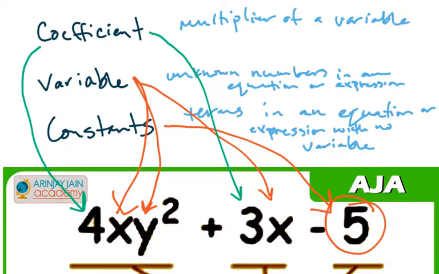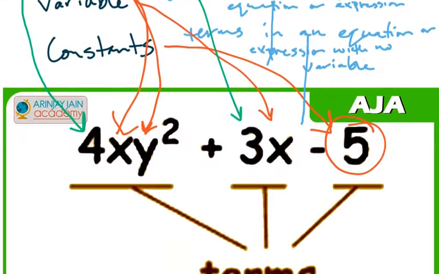Okay? So it's in front of a variable. So right here, it means I have this unknown value multiplied by 3, or I have that unknown value 3 times.